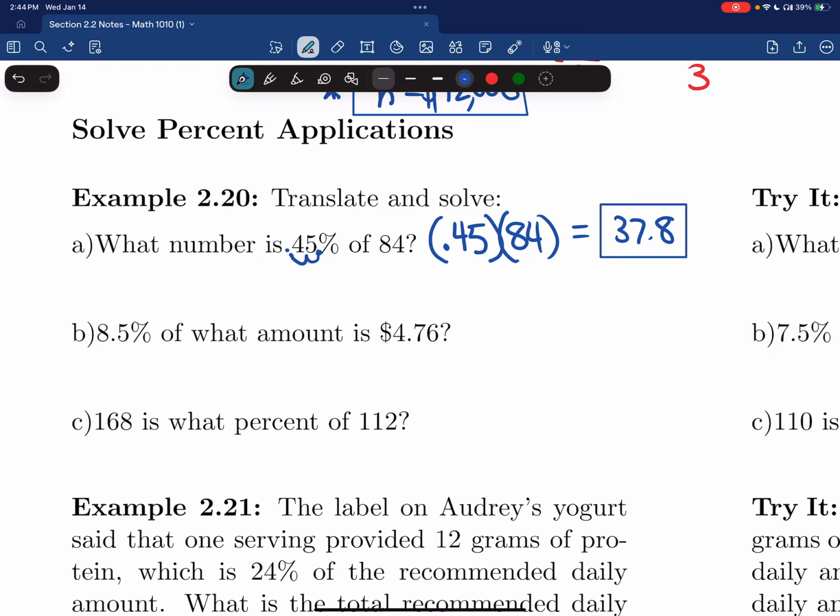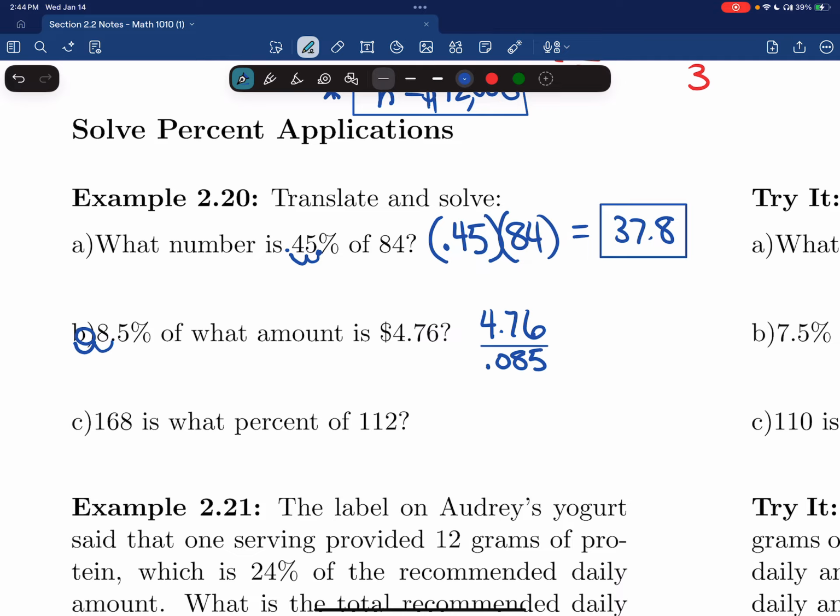Let's try another. 8.5% of what amount is $4.76? Well, to answer this question, it's a little different. I would take $4.76 and I would divide it by 0.085. I'm turning 8.5% into a decimal by moving the decimal place 2 places to the left.